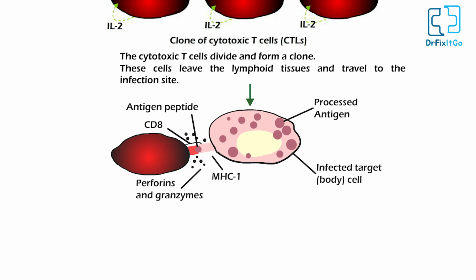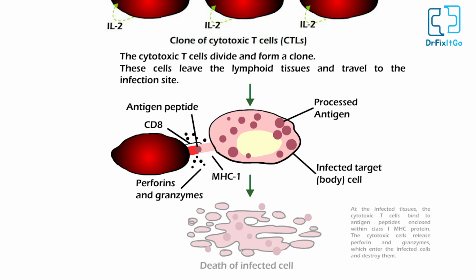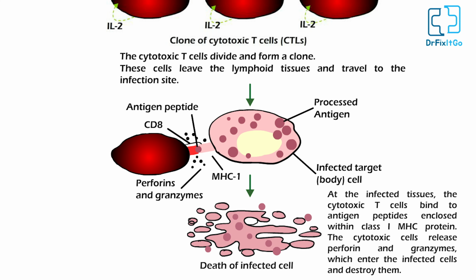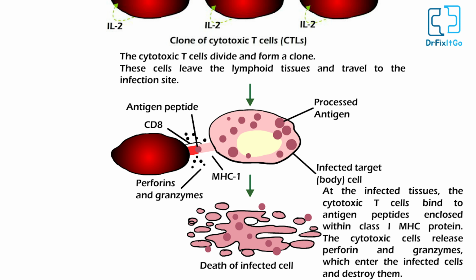This lethal hit releases ions, fluids, and cell structures. In addition, the CTL releases granzymes that enter the target cell and trigger apoptosis. Cell death not only deprives the viral pathogen of a place to survive and replicate, but through cell lysis also exposes the pathogen to antibodies in the extracellular fluid.